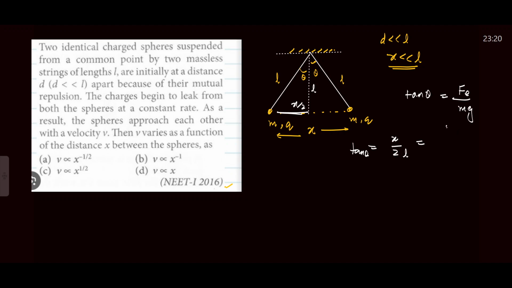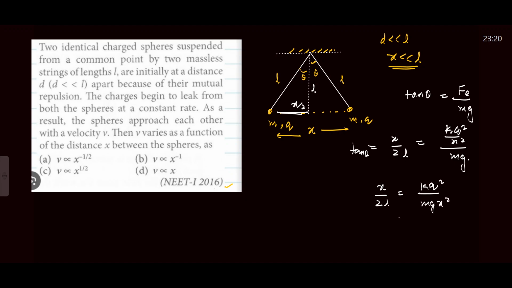Fe would be kq square divided by x square, upon mg. So I'm just rearranging the terms: x by 2L is equal to kq square by mg x square.